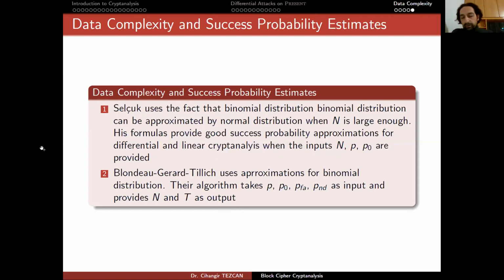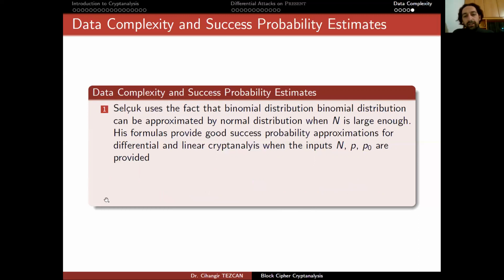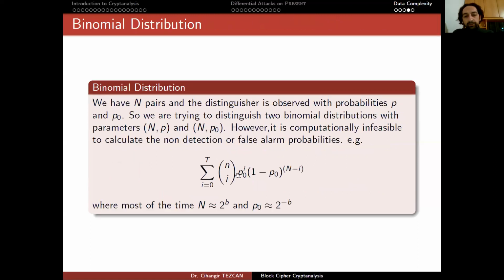Blondeau et al. also, more recently, because this work is later than Selçuk's work, use approximations for the binomial distribution. They don't do a normal distribution approximation, but they perform an approximation directly for the binomial distribution operation, namely this part.